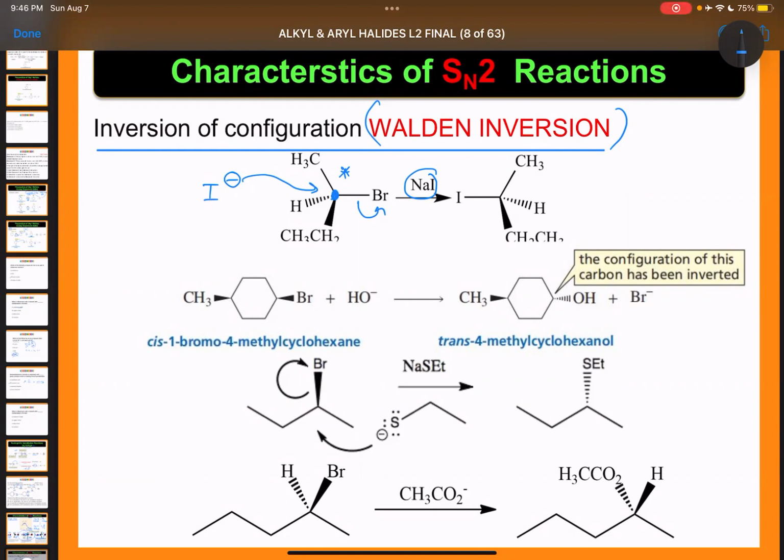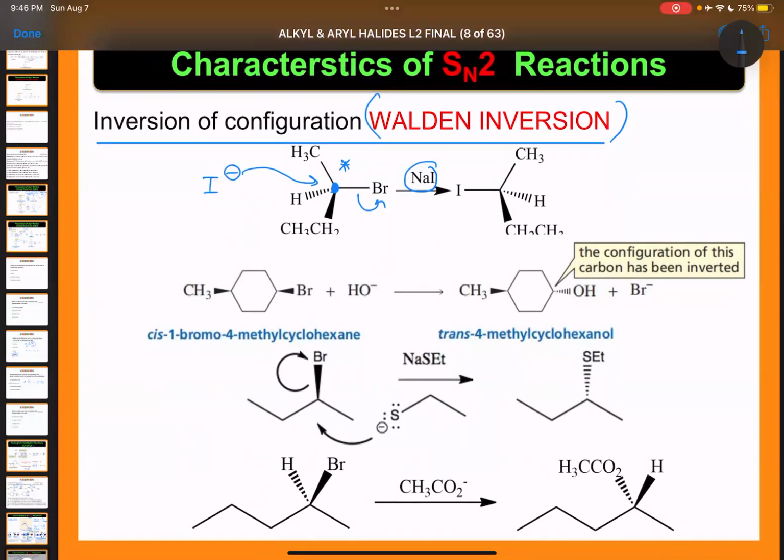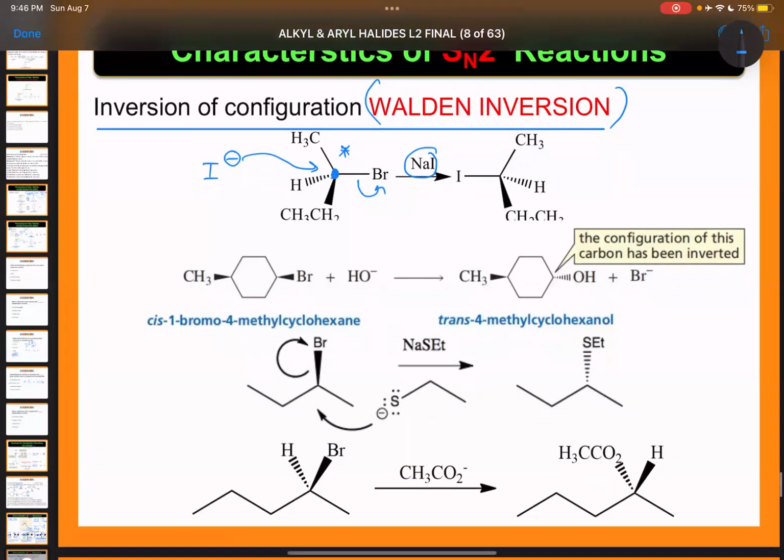It is just like the inversion of an umbrella. Sometimes, if you are carrying an umbrella in the rainy season and there is a high speed wind blowing, the umbrella gets inverted, like this. In the same way, the 3 bonds which are not participating, which are neither nucleophile nor leaving group, get flipped, inverted.